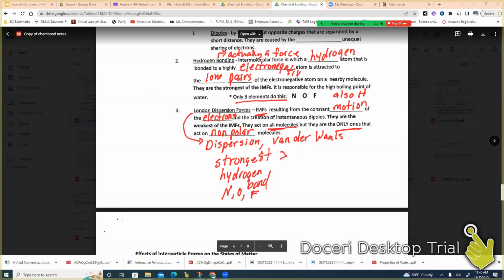Next one would be our dipole, and that is used with polar molecules. Then our last one is London dispersion forces, and all molecules have this. And it is the only one nonpolar molecules have.